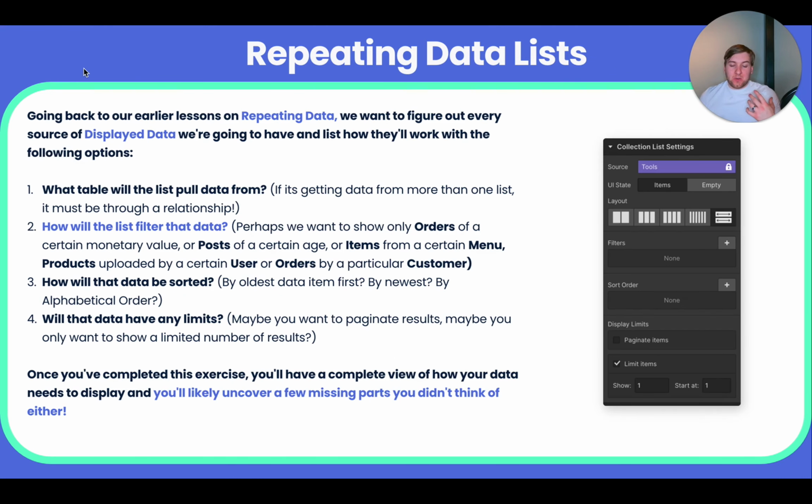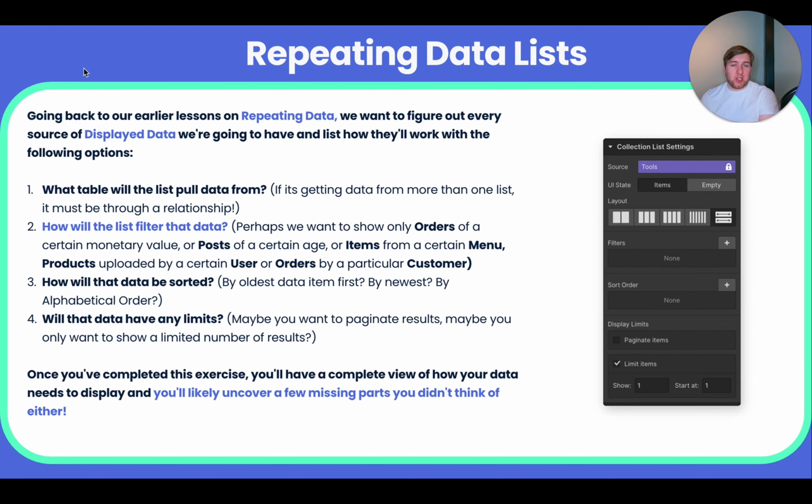And so what we just want to do is figure those sources out, and then we want to consider four things in our scenario. Number one, what database table are we going to pull the data from? So okay, you've got a big repeating data list full of menu items, so we're going to take that from the menu table presumably. If so, is it going to have the data?